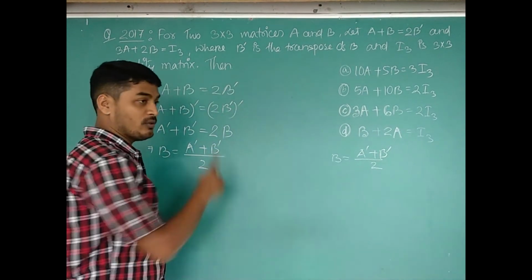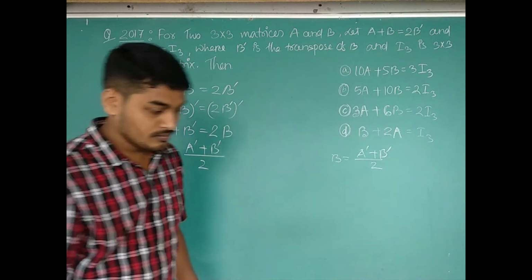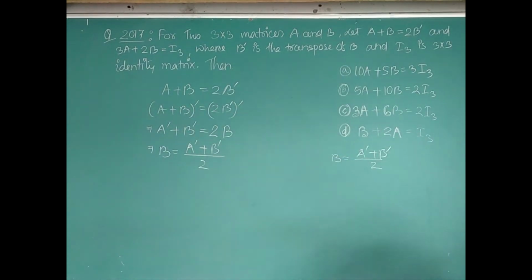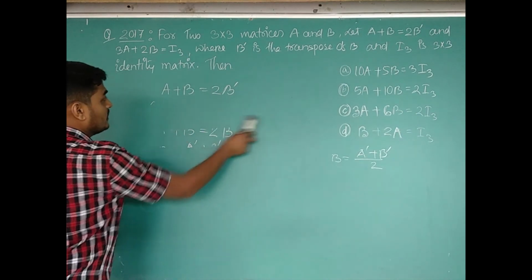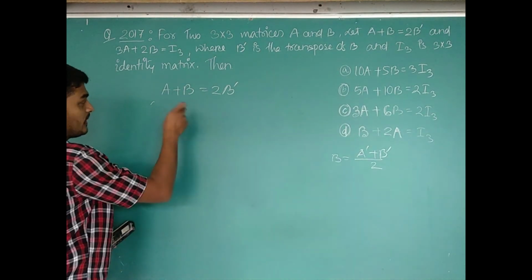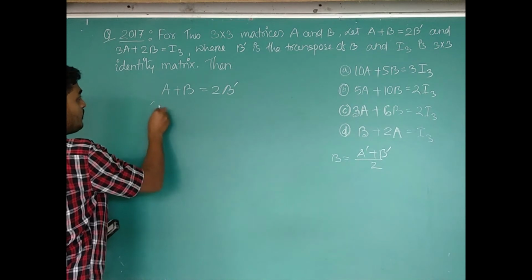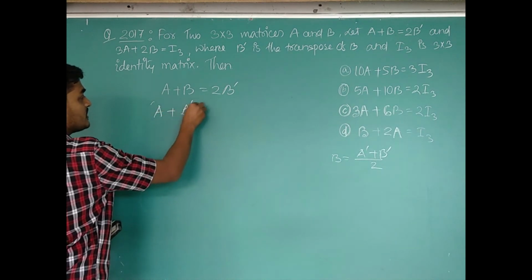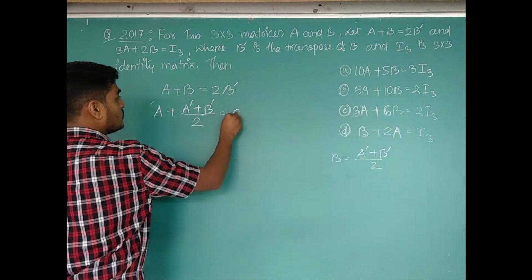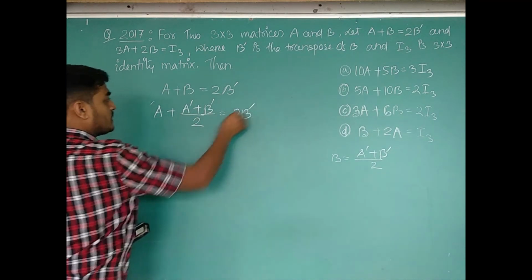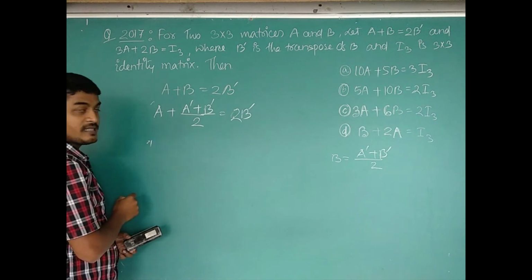Now we can put the value of B here so that we can find the value of A. So A plus A transpose plus B transpose divided by 2 is equal to twice of B transpose. We can easily simplify.